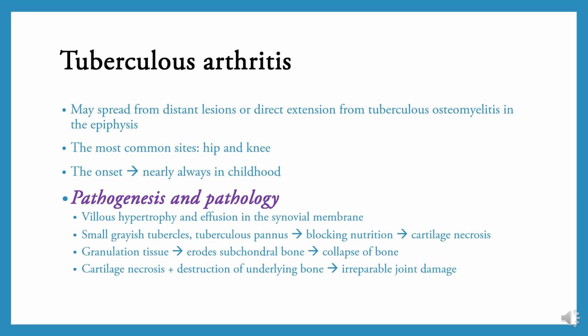Small grayish tubercles, the tuberculous pannus, block the nutrition and result in cartilage necrosis. Granulation tissue also erodes the subchondral bone, which results in the collapse of bones. Cartilage necrosis with the destruction of the underlying bone results in irreparable joint damage.